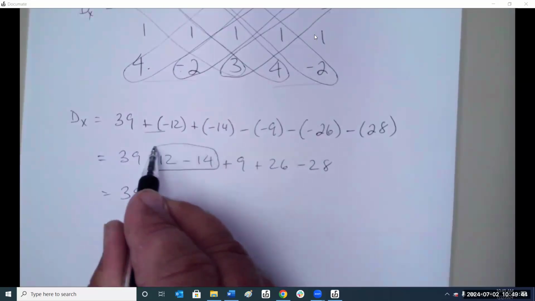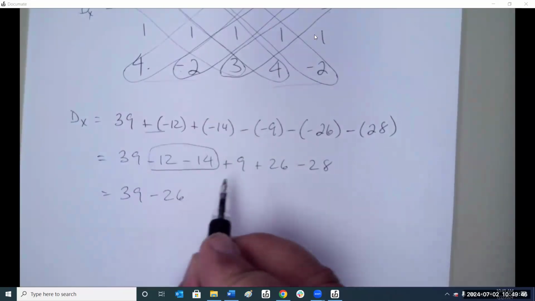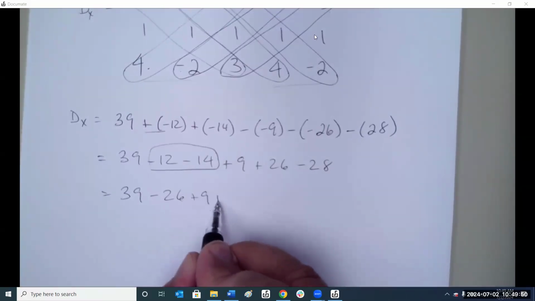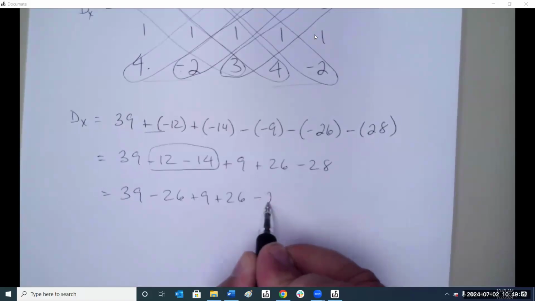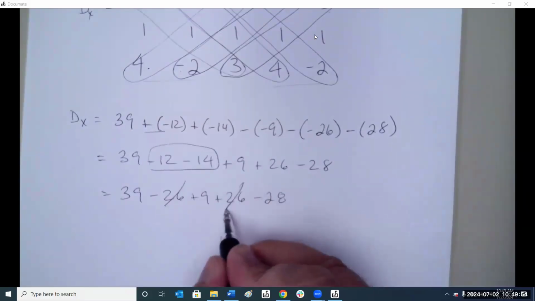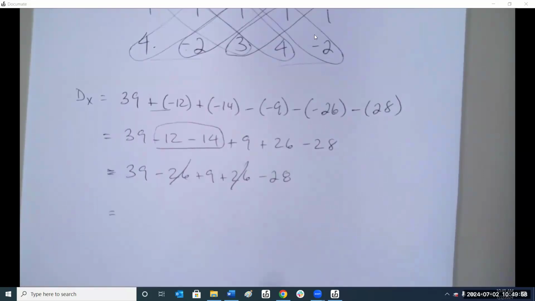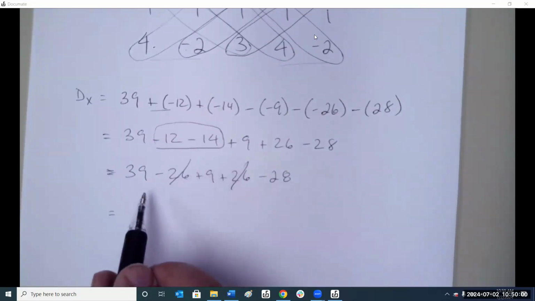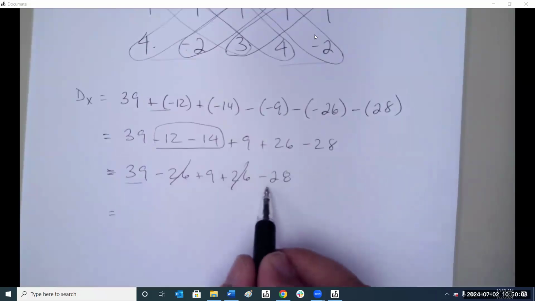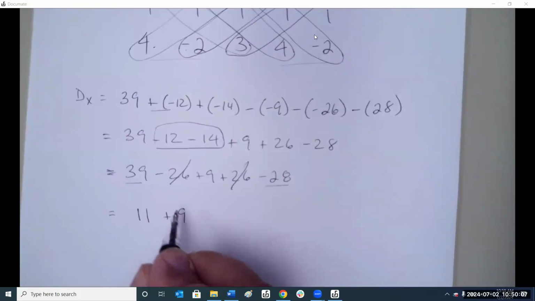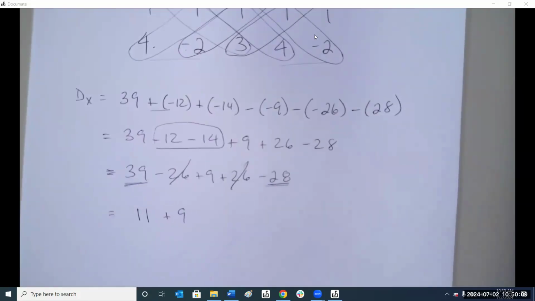-12, -14 is -26. So that and the +26 cancel. 39 minus 28 is 11. 11 plus 9 is 20.